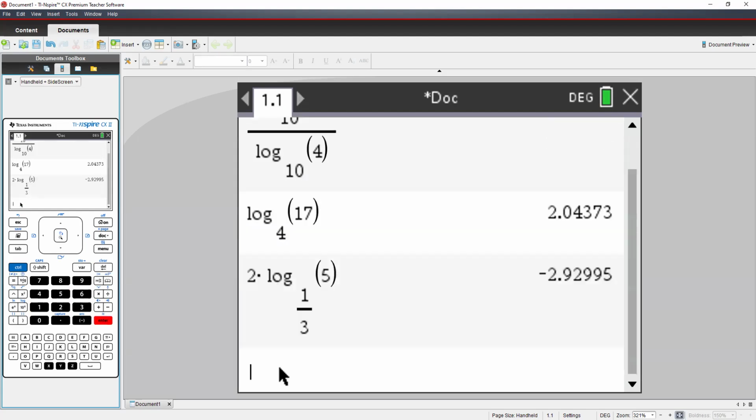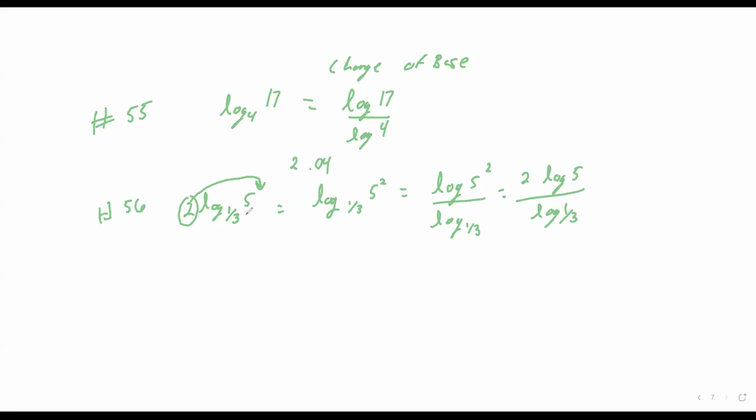And that's what I get. But you'll get the same answer regardless of which one you do. So you would want to do this method if it specifically tells you to rewrite it using the change of base formula versus just calculating it. But this will be negative 2.93. Let's do another one.